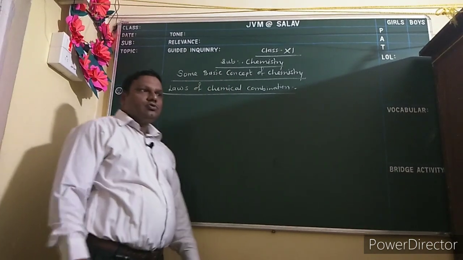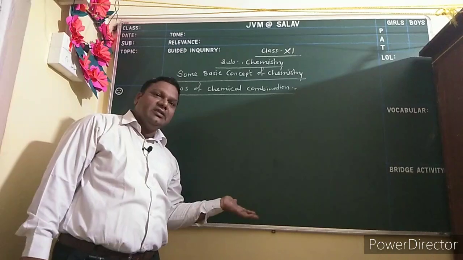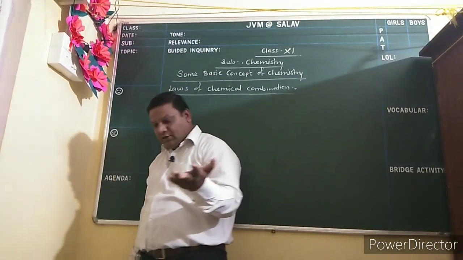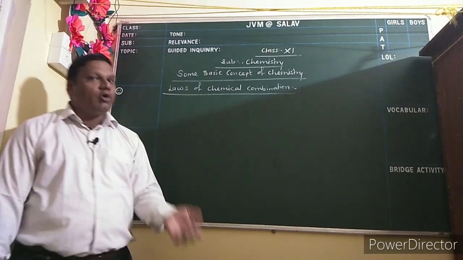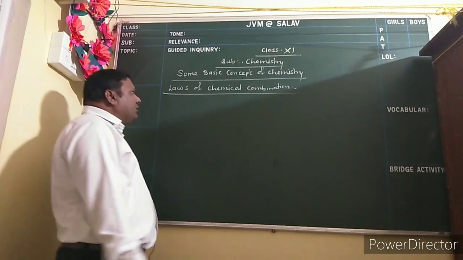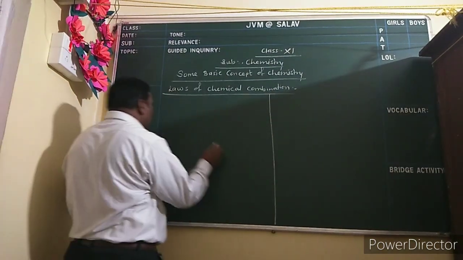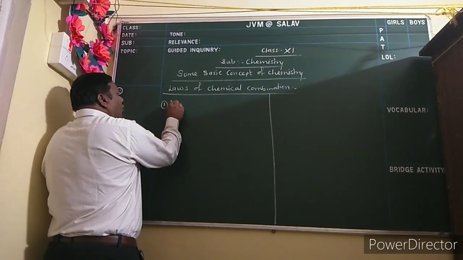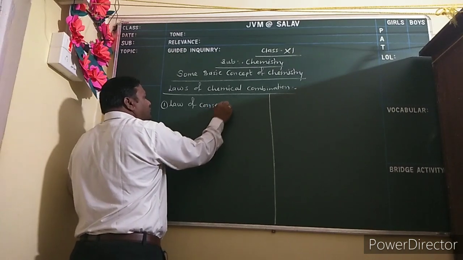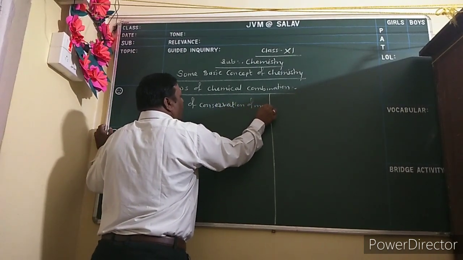Only two laws were there then: the law of conservation of mass and the law of constant proportions. So the laws of chemical combination have some laws. First we discuss the law of conservation of mass.